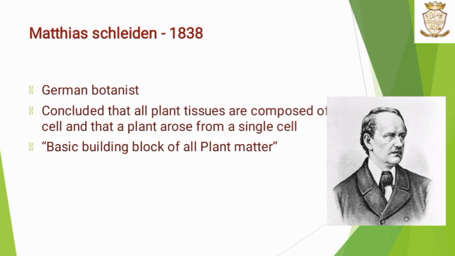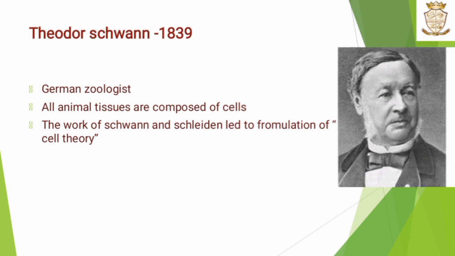The next one is Theodor Schwann in 1839. He is a German zoologist who concluded that all animal tissues are composed of cells. The work of Schwann and Schleiden led to the formation of cell theory, and he is known as the father of modern cell biology.